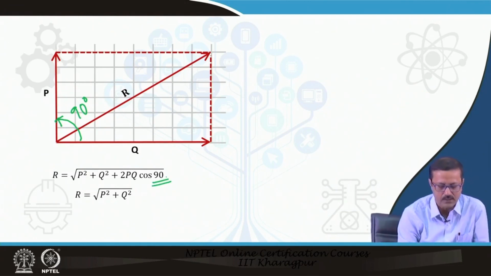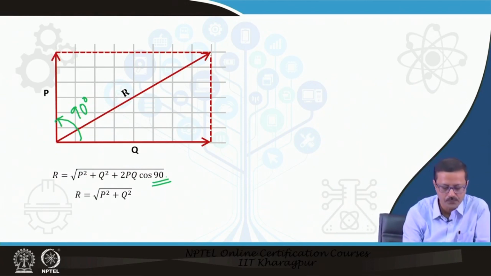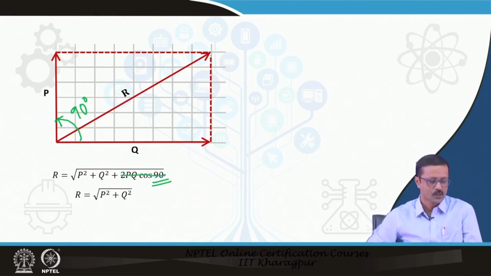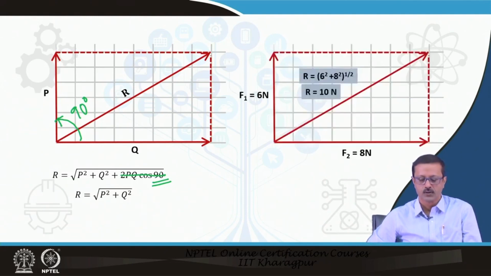Cos 90 is equal to 0, so that whole term vanishes. It becomes the square root of P squared plus Q squared, which, from geometry, is the hypotenuse of a triangle whose base and height are P and Q. Similarly, for forces of 8 and 6 Newton in perpendicular directions, the resultant will be 10 Newton.